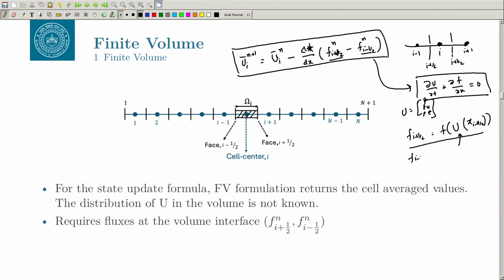Similarly, if you want f I minus half, that is f of the value of u at x I minus half, or in another way u at x I minus delta x I by 2.